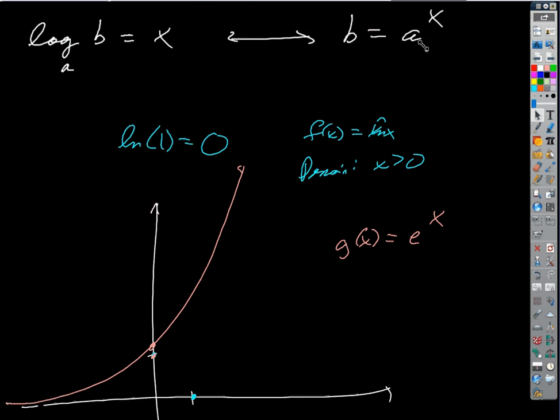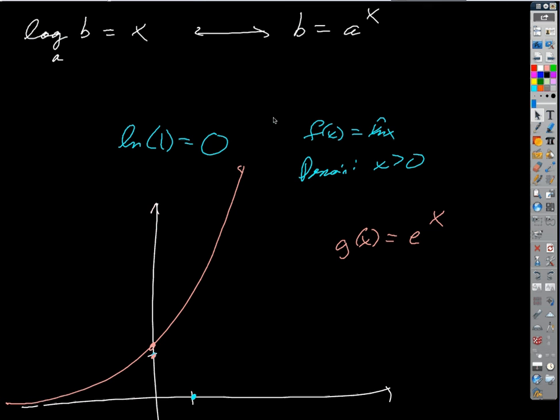So if we apply this to a natural log situation, what's that look like? If our function is a base e log, which is natural log, of x equals y, what does that look like in terms of the corresponding exponential function? e to the y equals x, right?